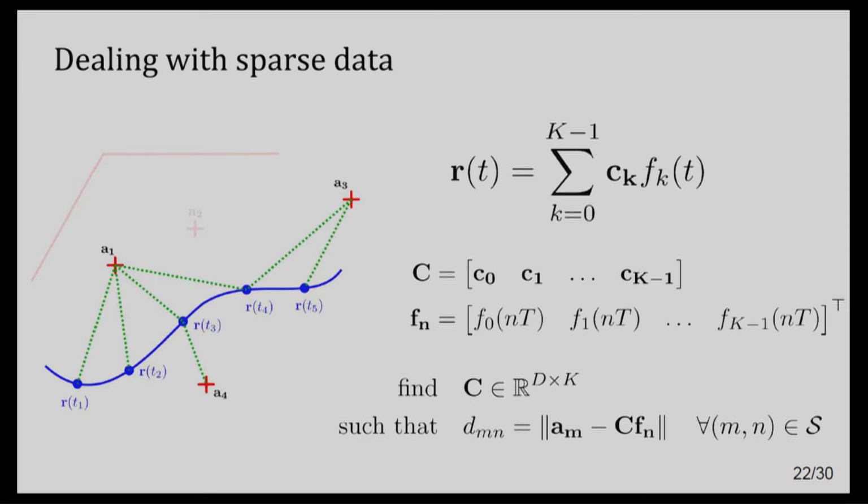We try to find the coefficient matrix C such that all these different distance constraints are satisfied. So these are our anchors, and this C times F_n, if you do the calculation, is the discretized form of r(t). So this would be r(nT), what you have here. So this is the problem that we're trying to solve.